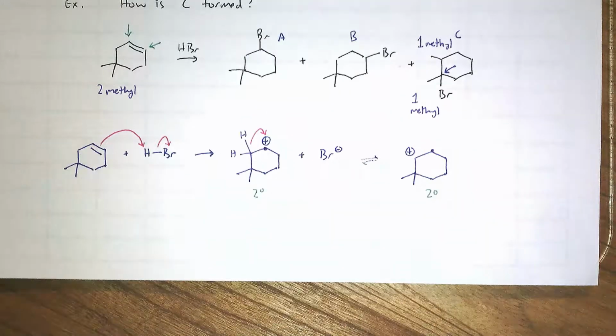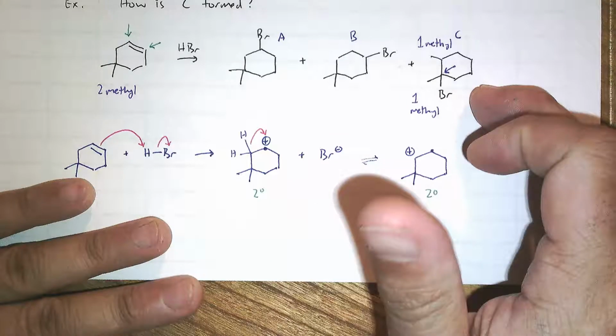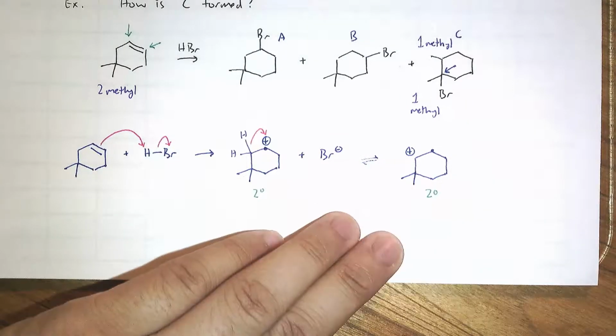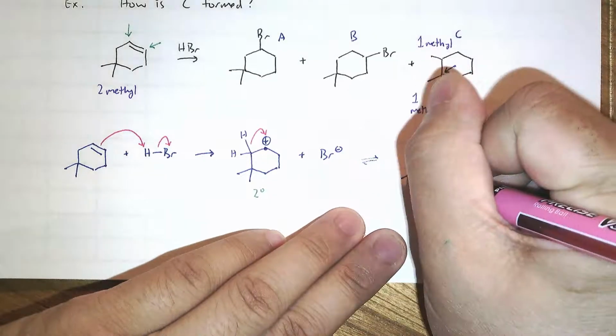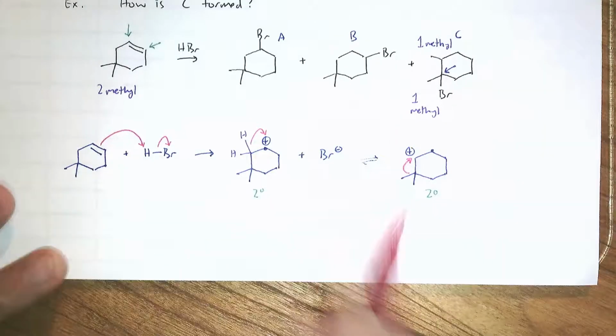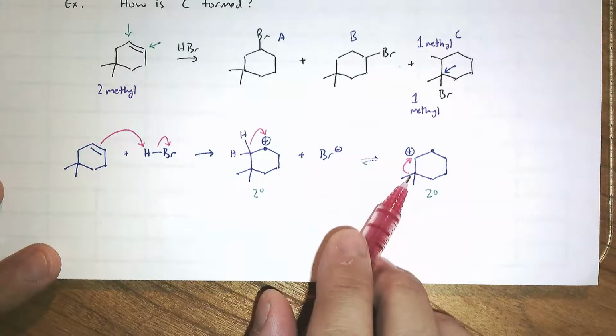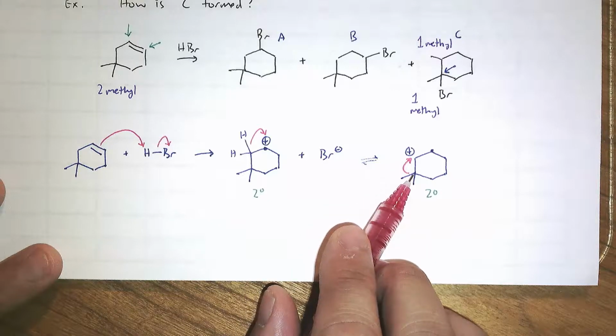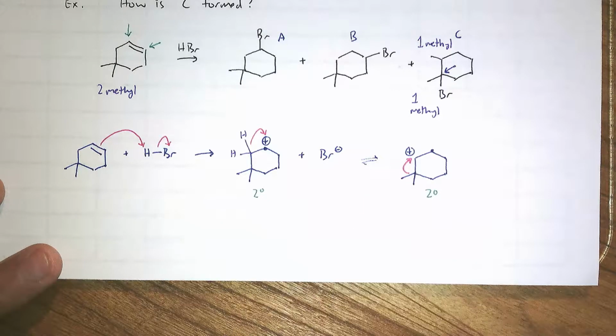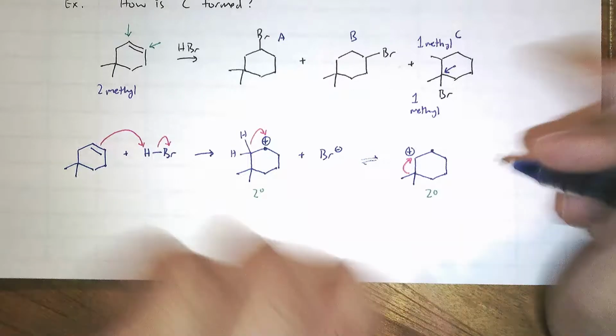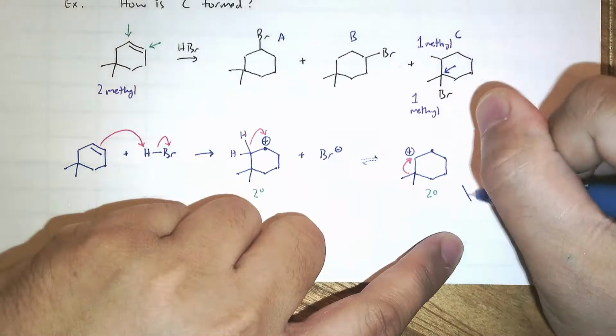They ran the experiment. They said, we got a little bit of this, show how it happens. All right. So now look at this. We have a juicy spot here because if I remove one of these methyl groups, I get a tertiary carbon. So I get a carbon that could have a plus charge here. So, let me draw the product first.